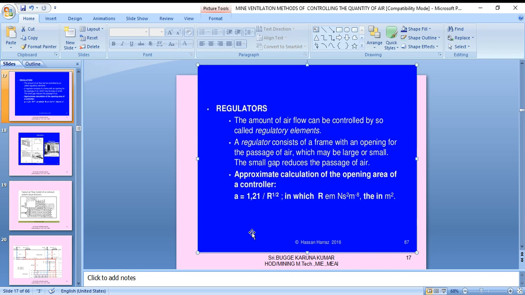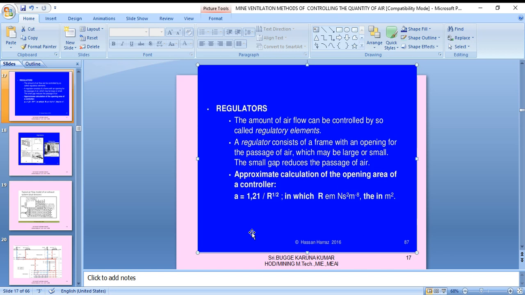Approximate calculation of the opening area of a regulator: A equals 1.21 divided by R to the power 1 by 2, in which R is the resistance, in Newton second square meter to the power minus 8, with A in m square area.